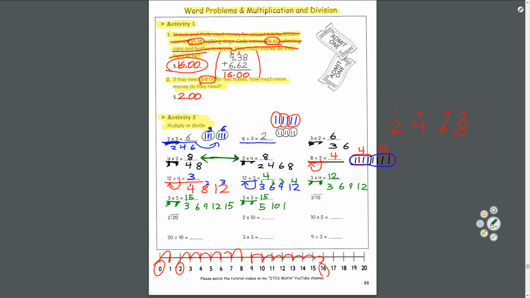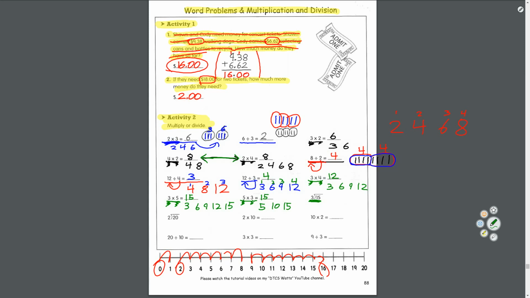5, 10, 15. Okay? Now this is division right here. What this is asking you, it's not 3 divided by 15, it's 15 divided by 3. It's just a different way of looking at division. It's the same thing.